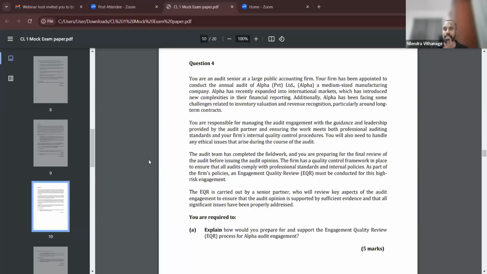First and foremost, adequate documentation has to be there. Documentation should be completed. Audit findings have to be summarized, right? And whatever questions the quality review partner asks, you need to provide answers. Key matters that you have identified during the audit should be brought to the quality review partner.